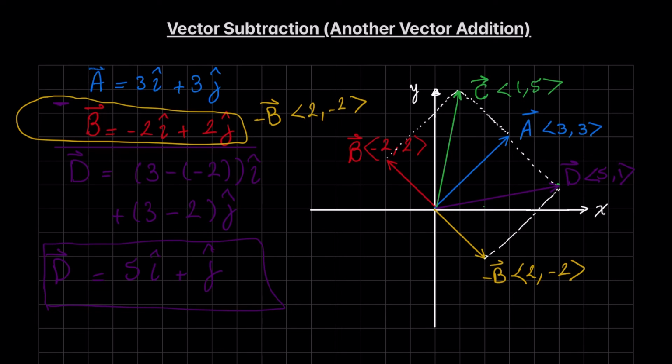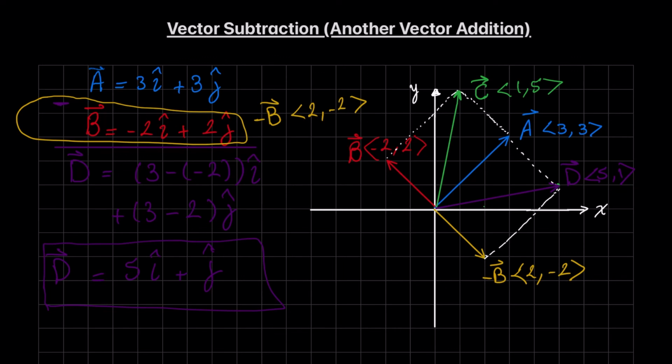It's the same magnitude as vector B, 180 degrees from vector B. So if vector B has coordinates (-2, 2), negative B has components (2, -2). So you multiply all the components by a negative sign. And then you just add, as you did before, components of vector A to components of vector negative B.